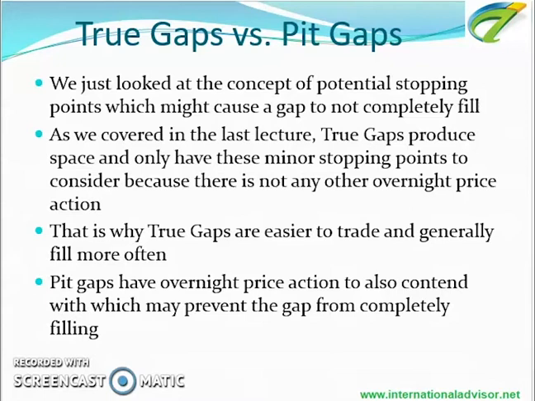We just looked at the concept of potential stopping points which might cause a gap to not completely fill. As we covered in the last lecture, true gaps produce space and only have these minor stopping points to consider because there is not any other overnight price action. That's why true gaps are easier to trade and generally fill more often.